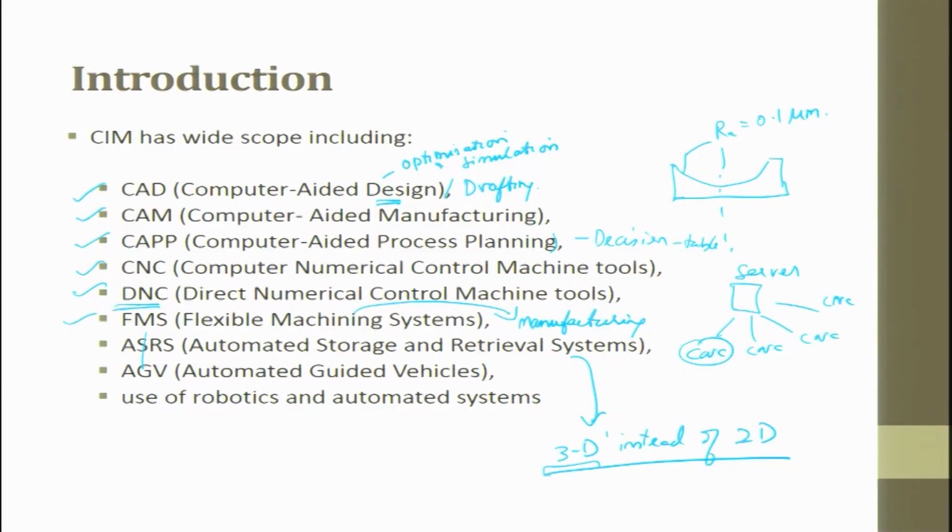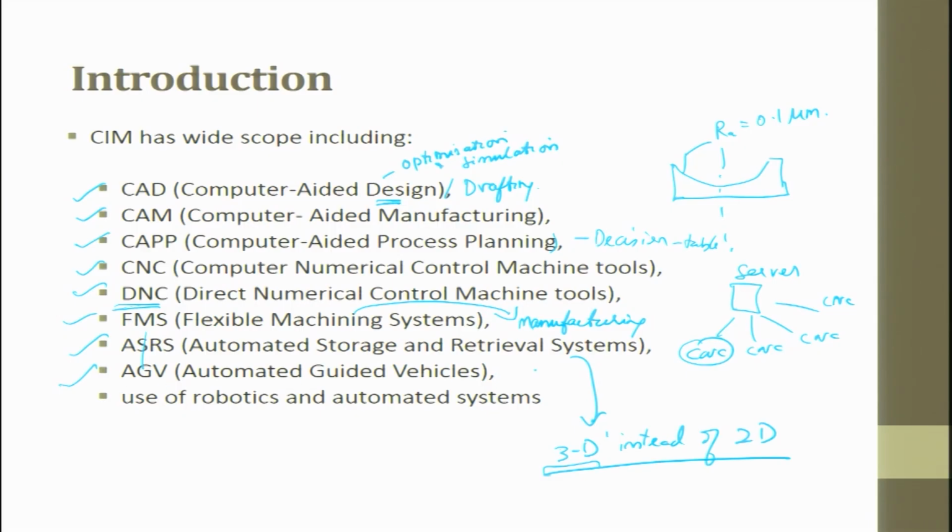So when you start using 3D and there are a lot of racks in it, then comes the automatic storage and retrieval system. Once you have this system and the item is retrieved, it has to be moved to the required space. For that, automated guided vehicles are also used today. They are nothing but AGVs.